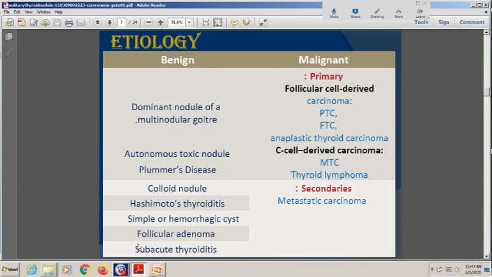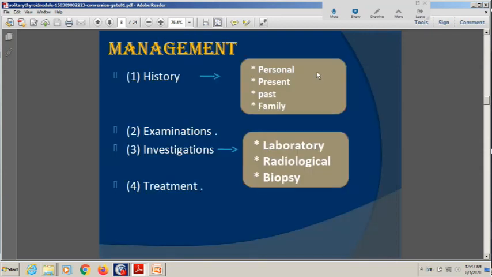So these are the benign pathologies of the solitary single nodules. Now the solitary single nodule can be malignant. We will discuss the malignancy part later on, both primary and secondary. Now again the management of the solitary nodule: proper history, proper examination, the complete investigation and plan for treatment.